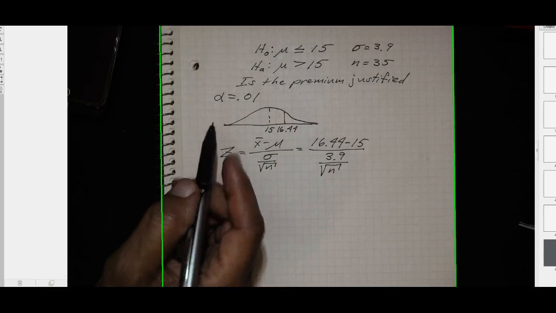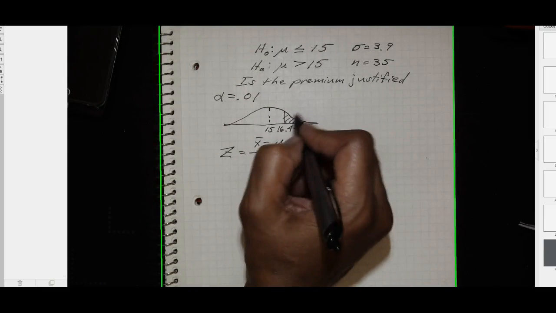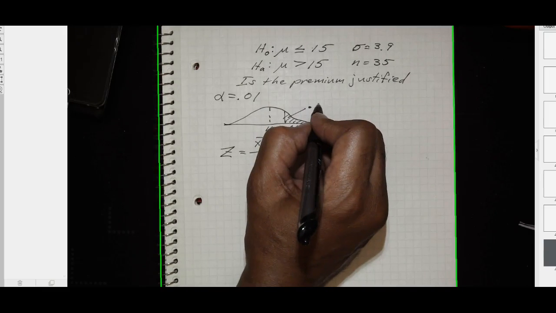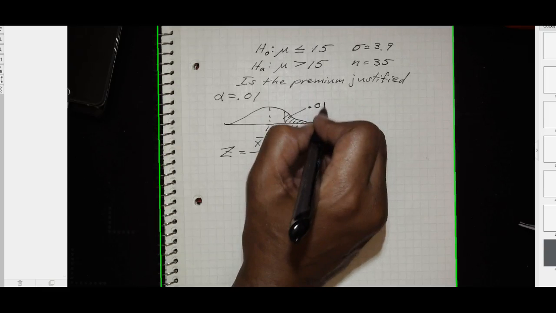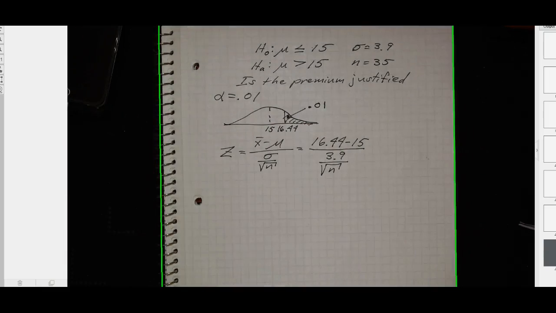So the area in this upper tail would have to be less than 0.01 in order for us to reject the null hypothesis.